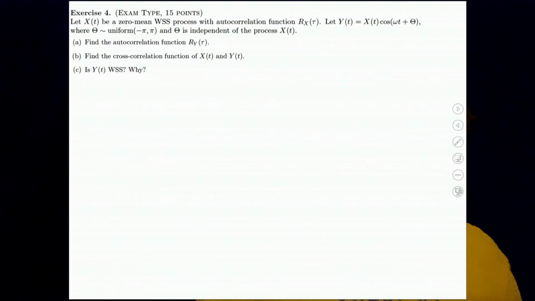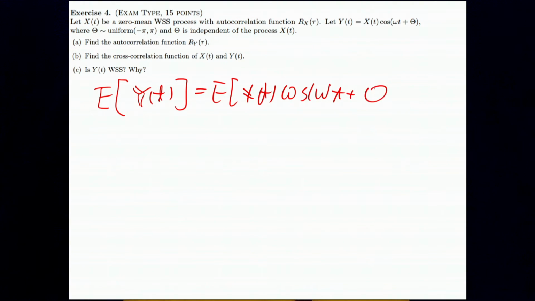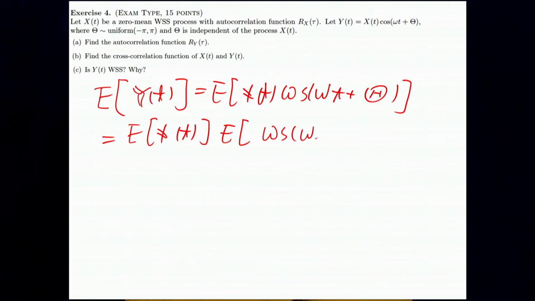Part C: is Y(t) wide sense stationary? To check if this random process is wide sense stationary, first we check the mean. We can find this is just mean of X times the expectation of cosine omega t plus theta. And since we know this expectation is 0, this is 0. This is constant.